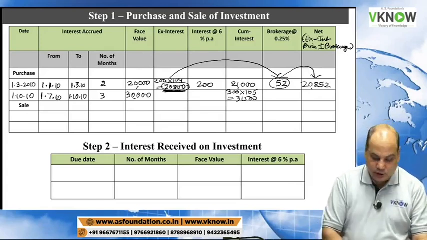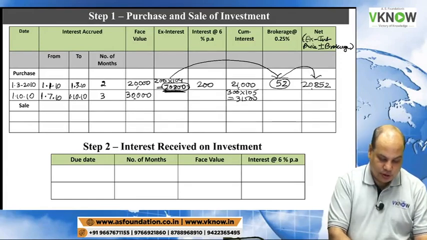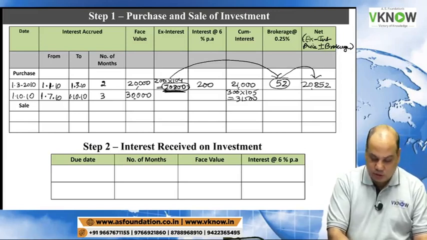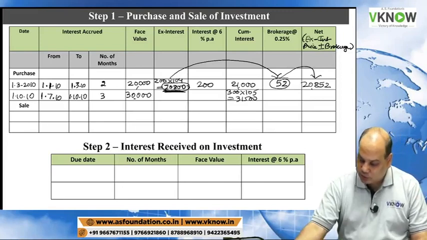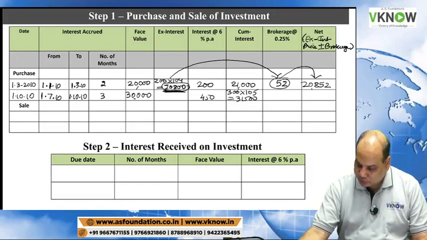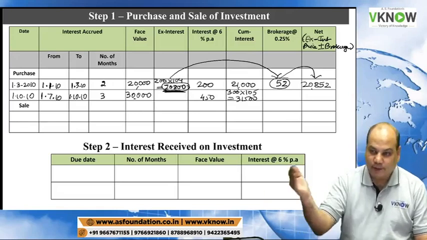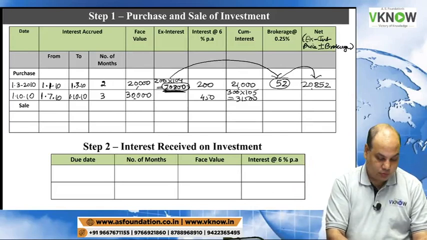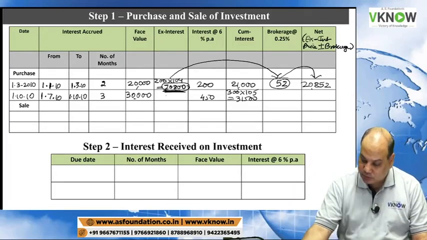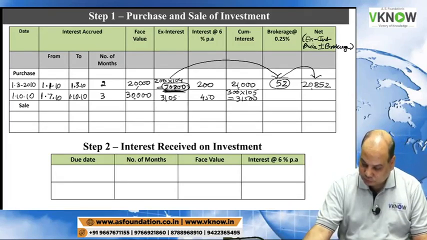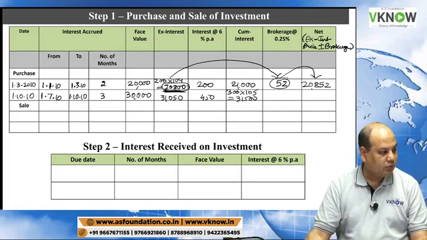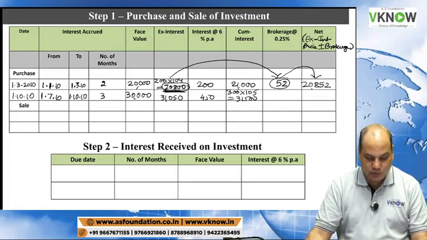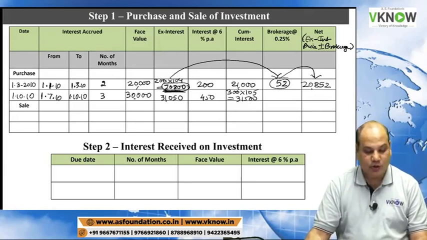Calculate the interest on 30,000 at 6% into 3 by 12. So the interest amount is 450. Do reverse working to find out the ex interest amount, which is 31,050.